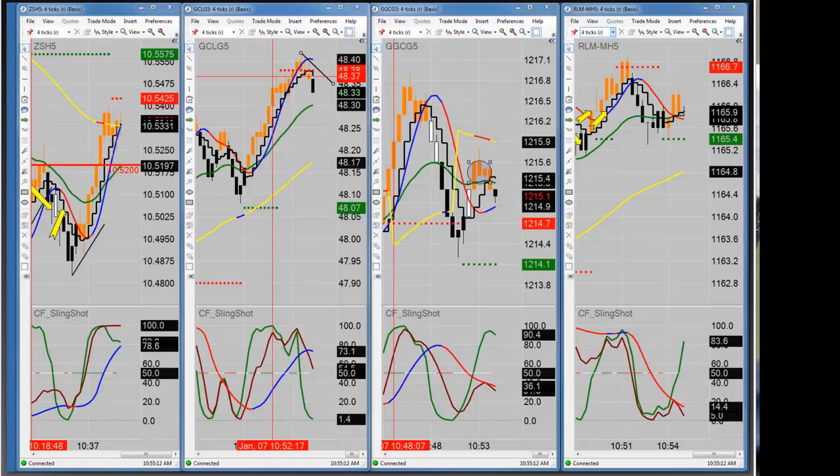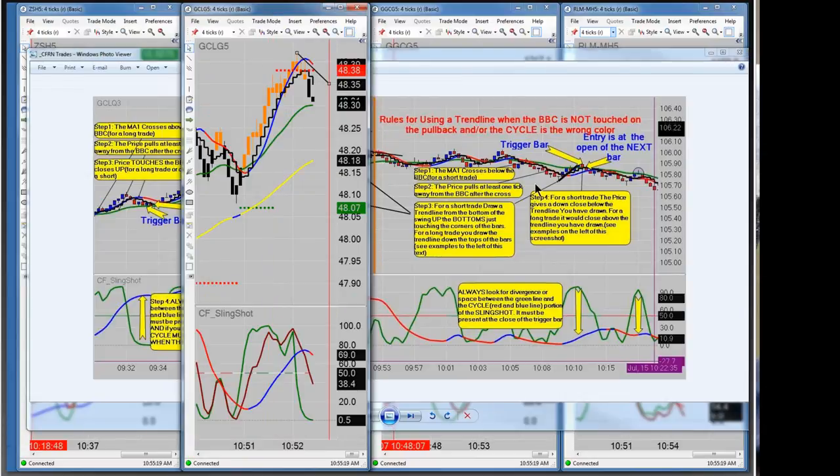All right. So I was showing you the trade setups. This trade setup on this side, because the cycle is the wrong color, is what you would have to have. You draw a trend line from the swing high down the tops of the wicks if there are wicks, or down the corner of the body if it's just body. And if the cycle's the wrong color, or you don't hit the BBC, you've got to have a close above that trend line.